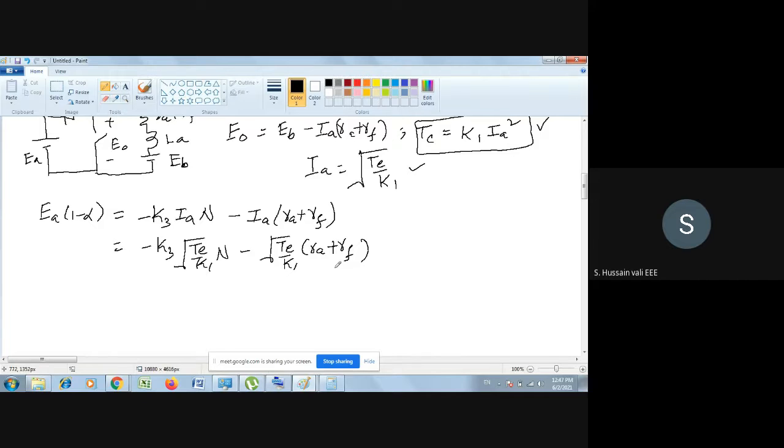We go ahead with this now. I want to find out N, so you take this side and move to the other side.